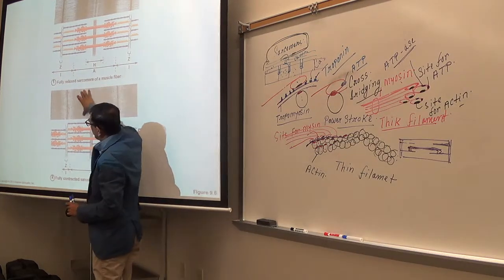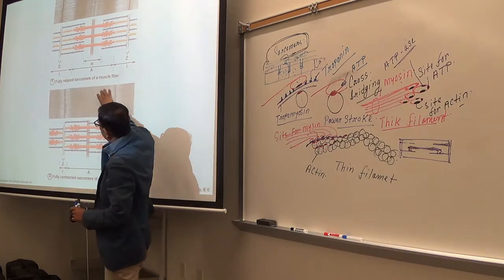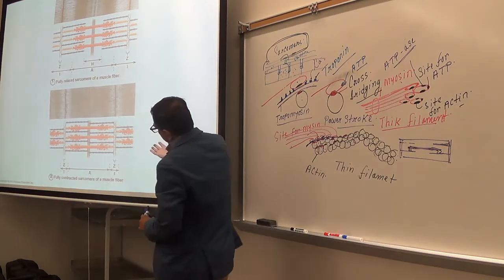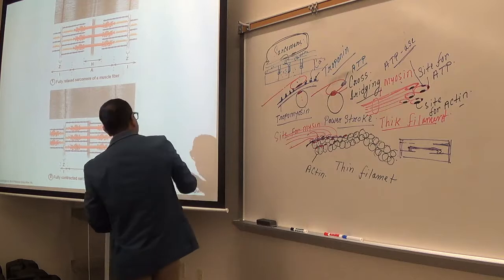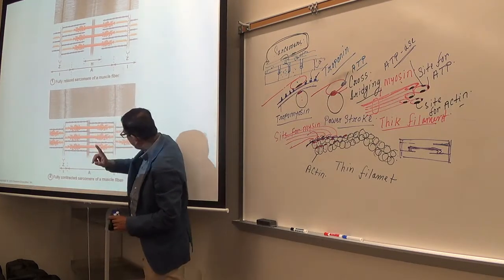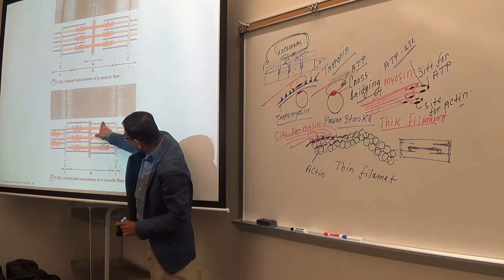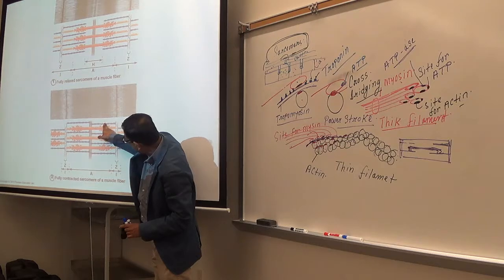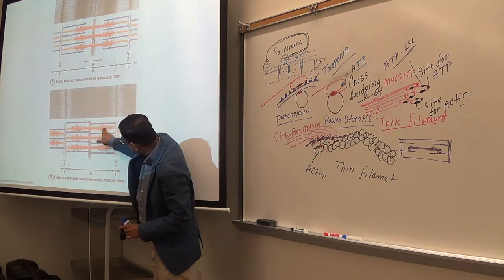If you see a sarcomere under the microscope, in some areas you have more structures. In some areas you have less structures. For example, if you see this part, you have both thin and thick filaments.